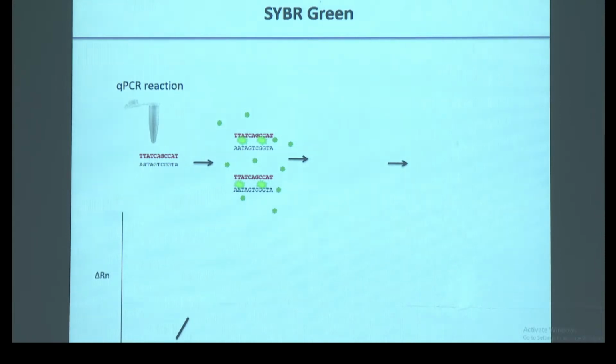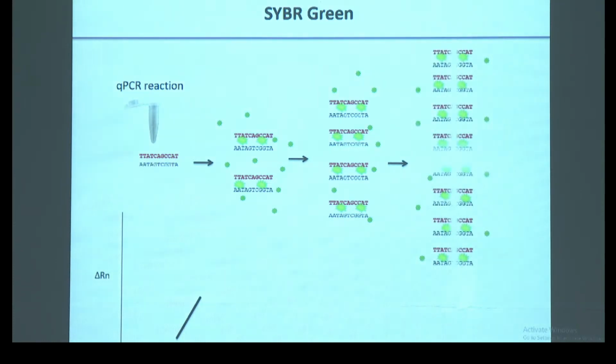In the next cycle, my PCR product gets doubled, so the fluorescence also gets doubled. So the fluorescence is proportionate to the PCR product accumulated at the end of each cycle. The same happens in the next cycle, and again it will be recorded. So at the end you will be seeing graphs like this on qPCR.